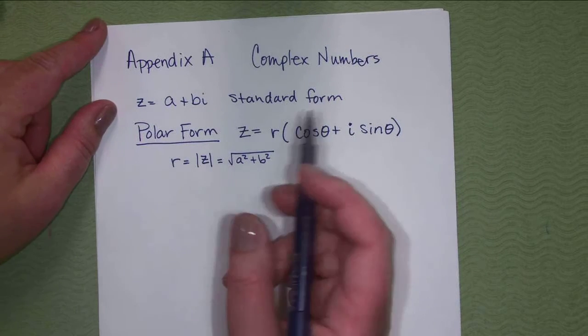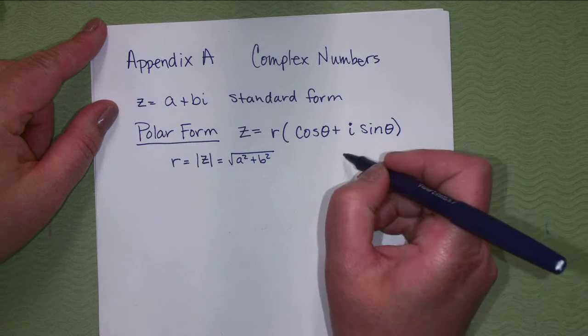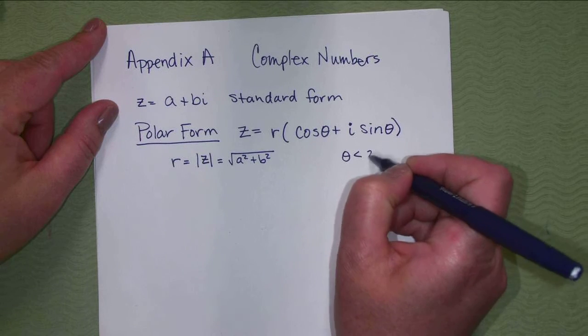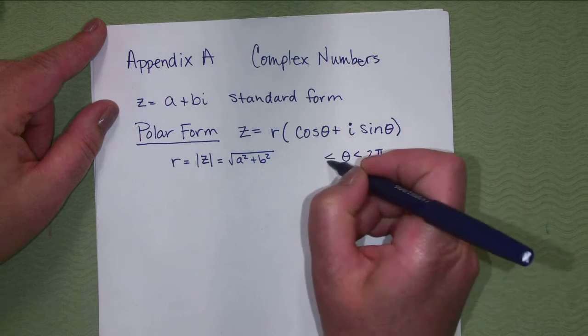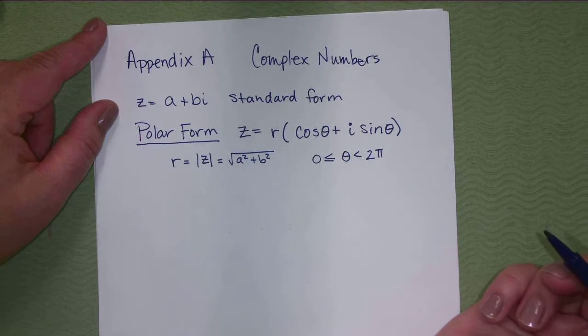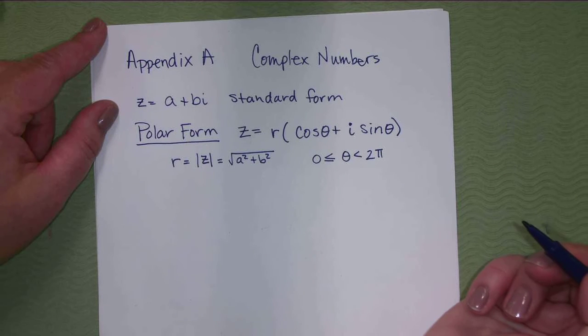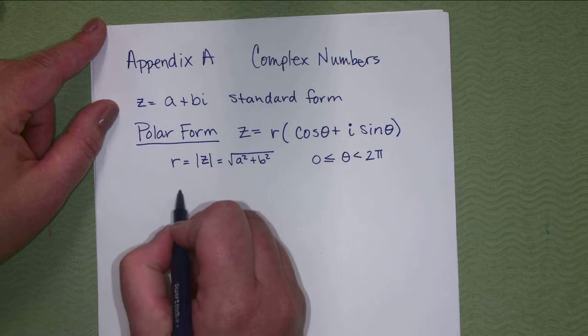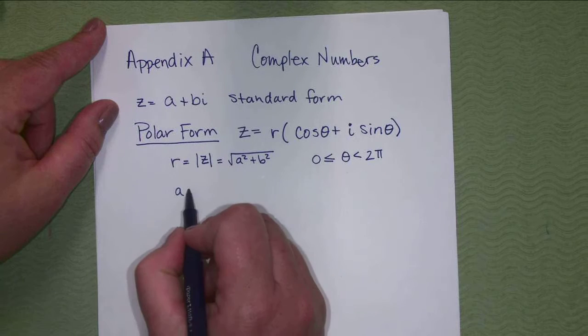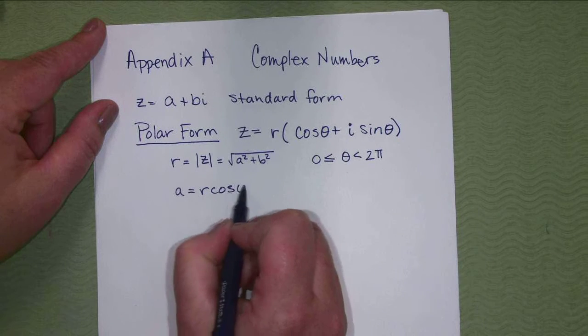Theta is between 0 and 2 pi. So basically here, a from our standard form is equal to r cos theta, and b is equal to r sine theta.